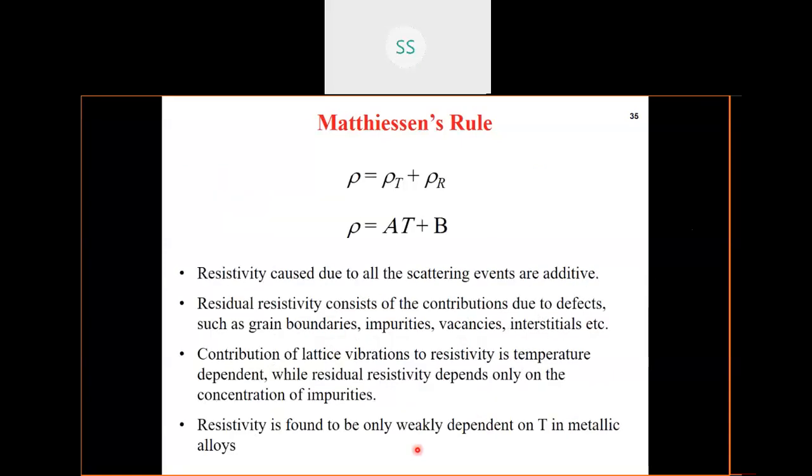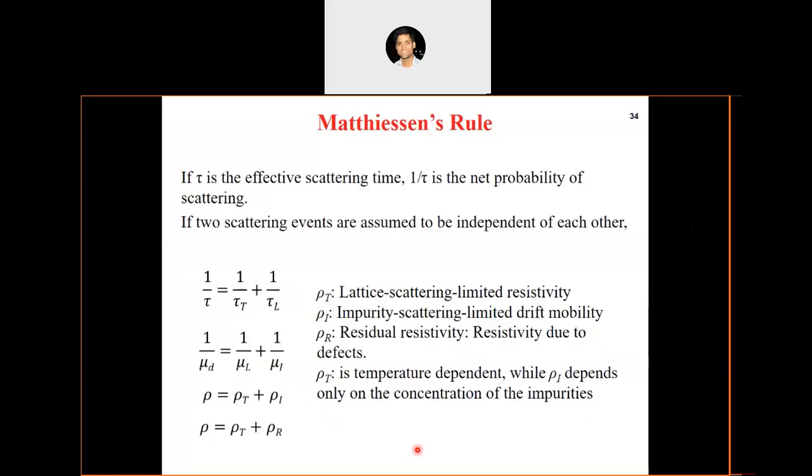So what I was trying to explain is, if we look at the resistivity of a metallic alloy, and we are assuming that there are no other defects like grain boundaries or dislocations, then resistivity will be equal to rho T plus rho I, right? Resistivity because of temperature or atomic vibrations, and resistivity because of impurities. Those will be the only two components in the resistivity.